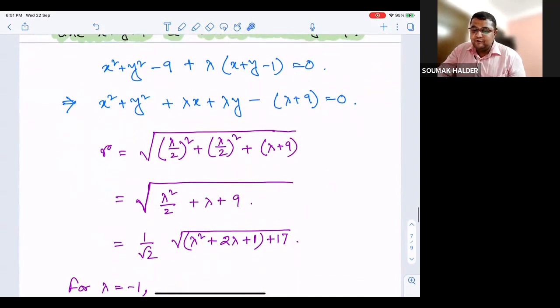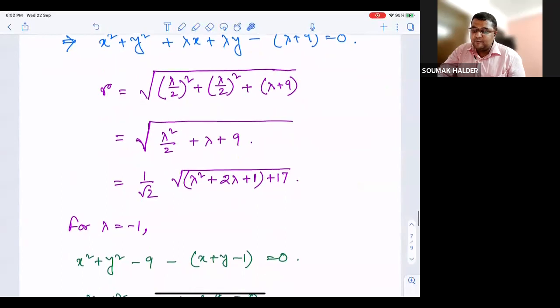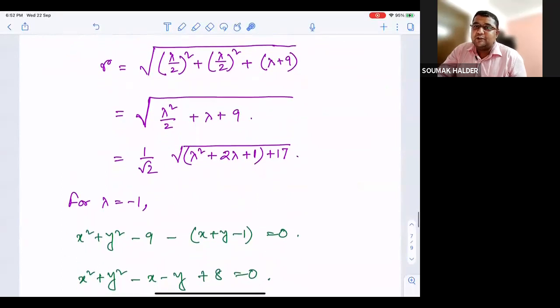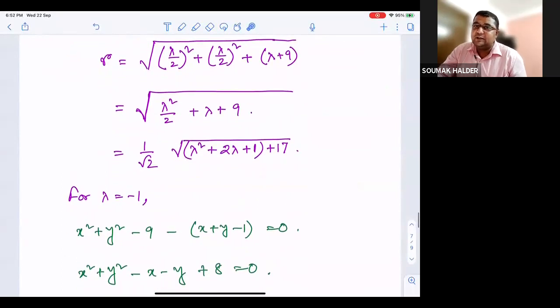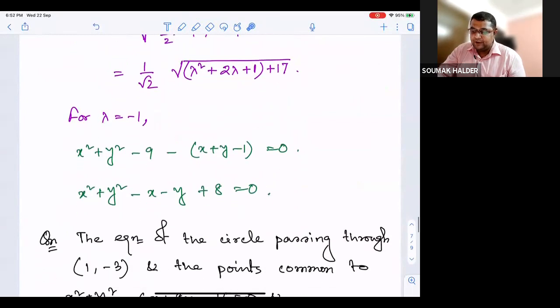When we transform the radius representation into this form, we can identify that for lambda is equal to -1 this expression will be minimum. Hence the smallest member is found for lambda is equal to -1, that is the circle x square plus y square minus x minus y plus 8 is equal to 0.